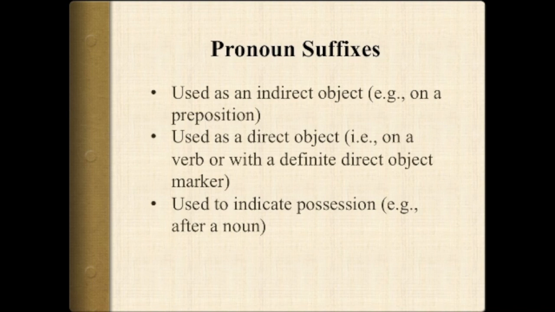They can be used as a direct object. For example, they can be attached to the end of a verb or with a definite direct object marker, something we'll learn about later. And they can be attached to, for example, a noun to indicate possession, but they always occur at the end of a word and are called suffixes.